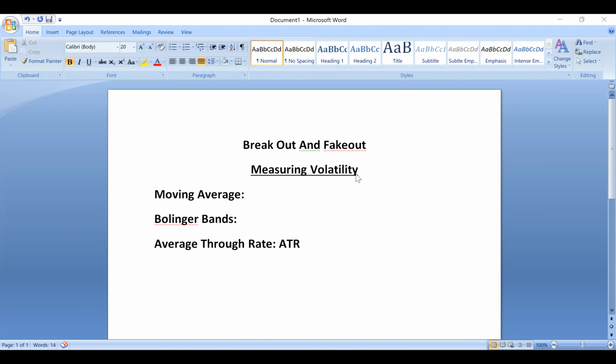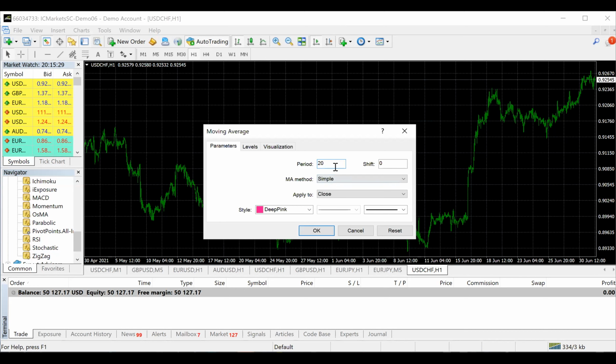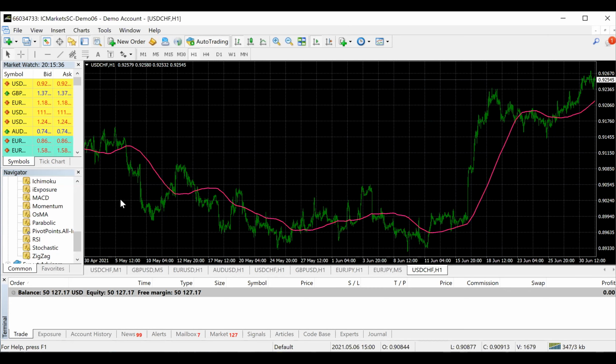Yeah. So now let's start with moving average. Although we already learned this, assuming we use a 100 simple moving average, when it's close to the price, that means the volatility is not too much.